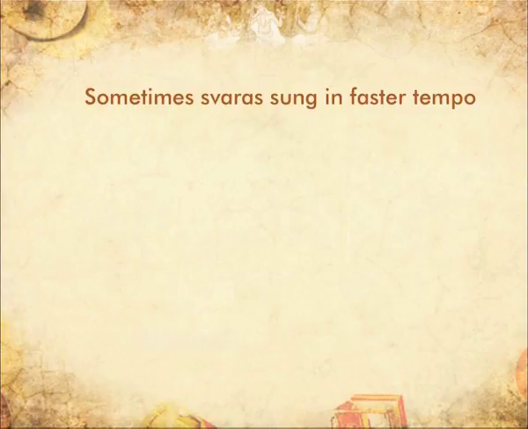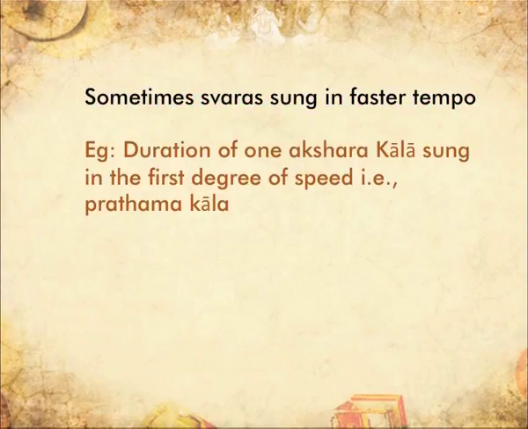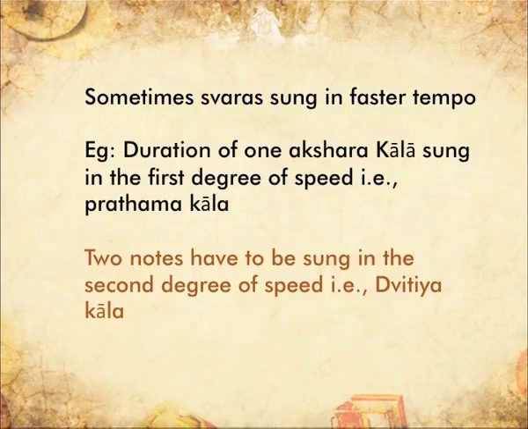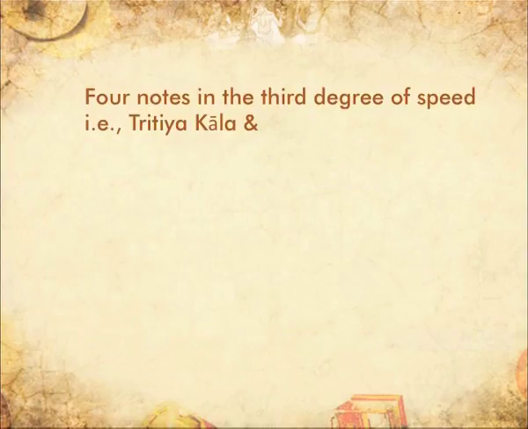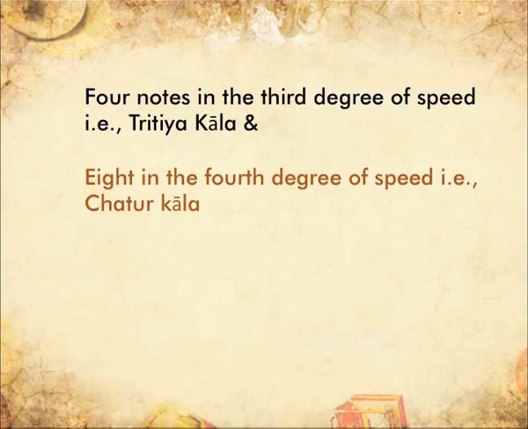Sometimes, swaras have to be sung in a faster tempo, that is, for a duration of one aksharakala sung in the first degree of speed, that is the Prathamakala, 2 notes have to be sung in the second degree of speed, that is Dvitiyakala, and 4 notes in the third degree of speed, that is Tritiyakala, and 8 in the fourth degree of speed, that is Chaturkala.